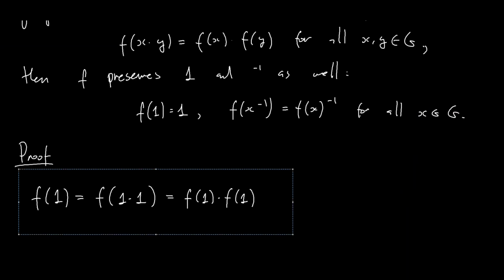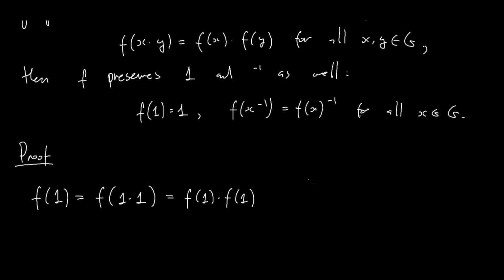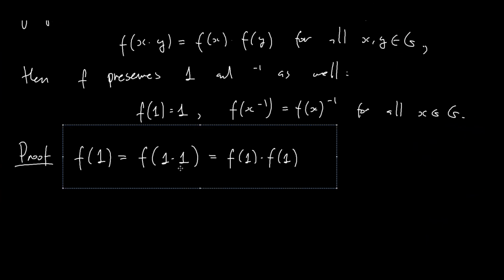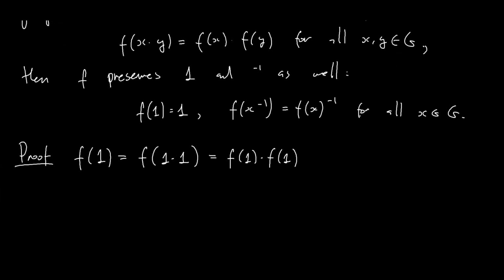What do we do here? How do we get from here that f of 1 equals 1? Doesn't it follow directly from the group axioms? Sorry, could you please say it louder?